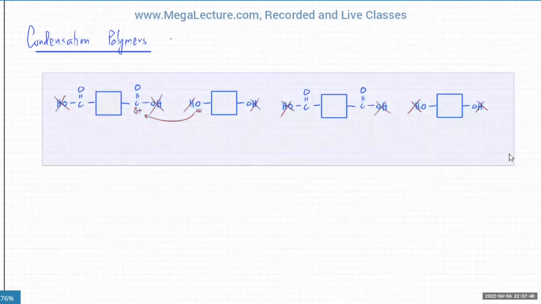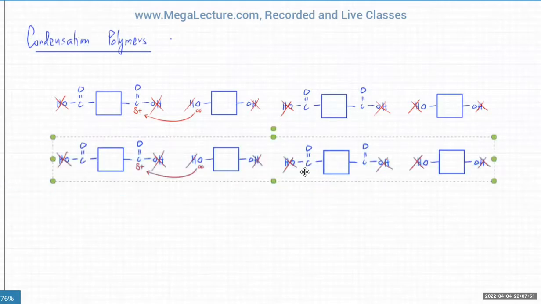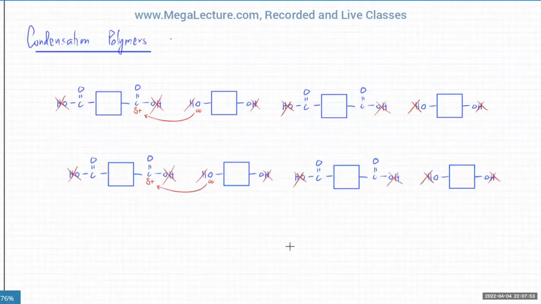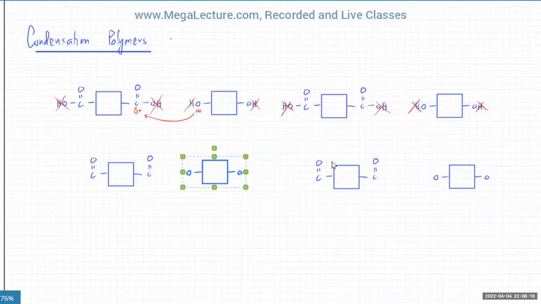And all of them are going to just add up. And when they add up, I'm going to remove the water molecules from the middle. So H is gone, OH is gone, and the H over here is also gone, and they're going to end up forming linkages with each other.